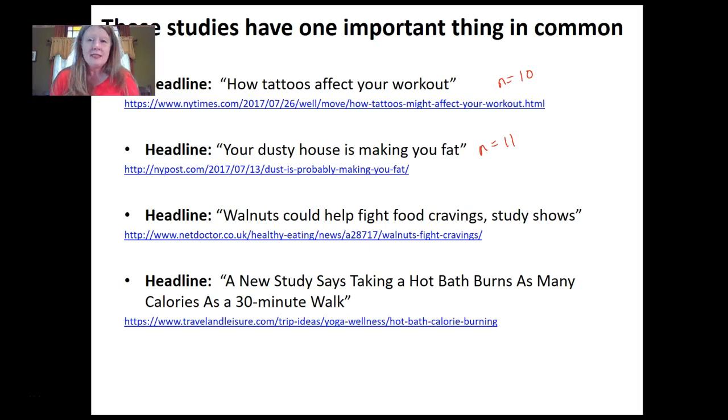But when you read the details, this study wasn't even performed on humans. They had mice as subjects in the study. This particular study had 10 obese individuals as participants. And this one had a sample size of 14, again, all men.